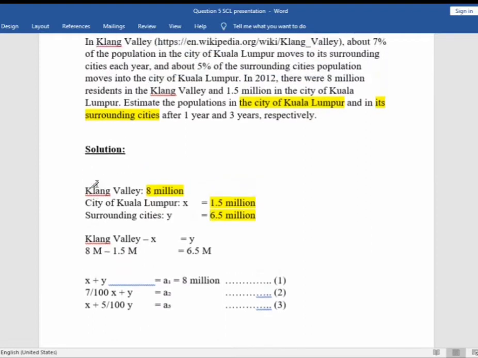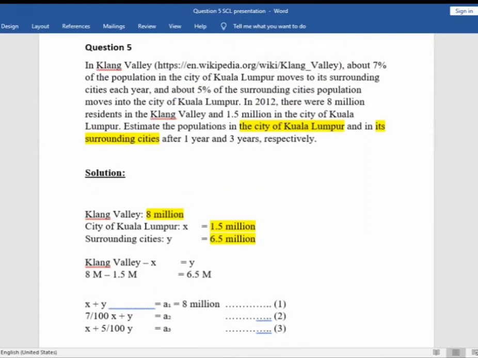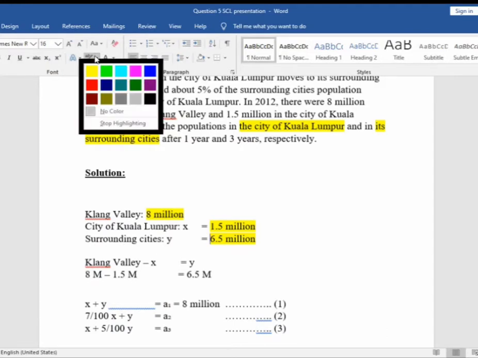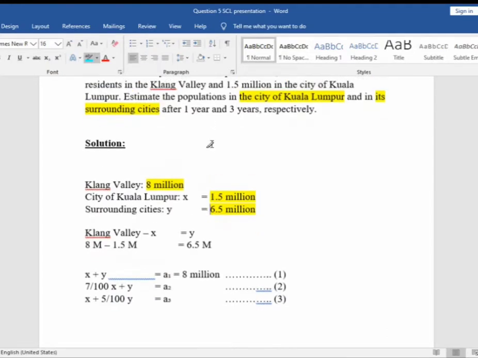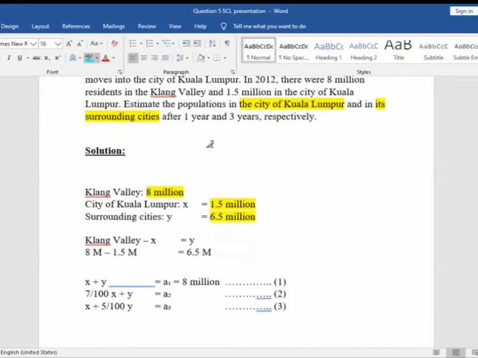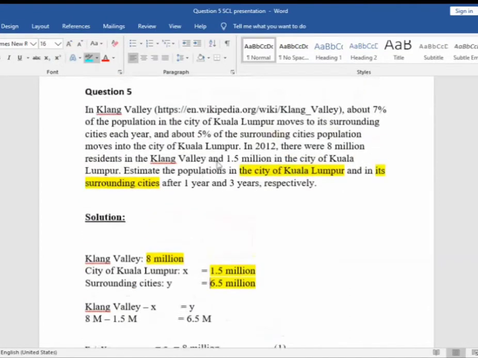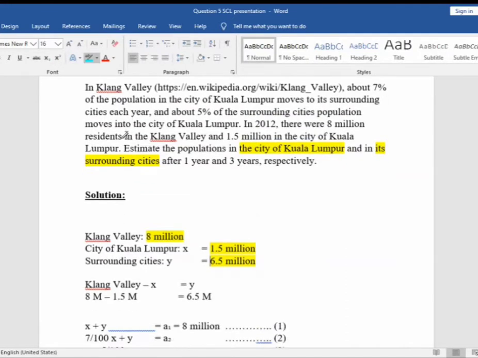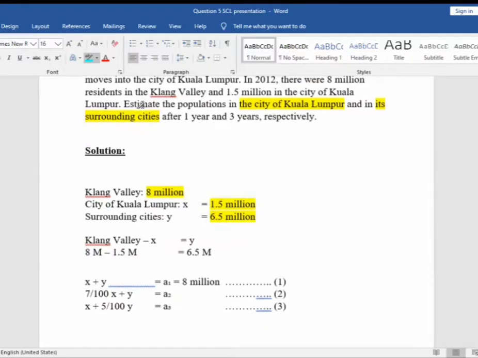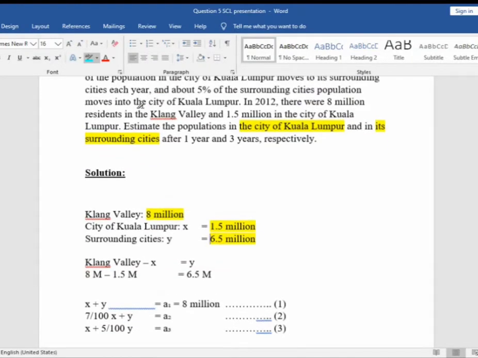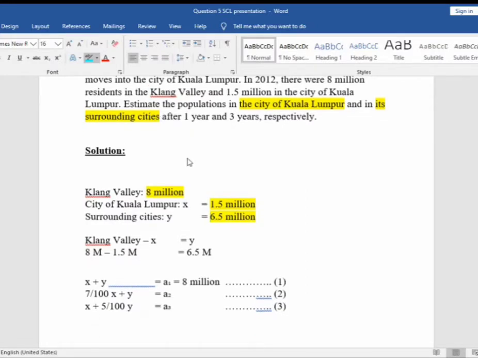Okay, next, the other information we can get is that 7% of the population in the city of Kuala Lumpur moves to surrounding cities each year. Year by year, the population will move 7% of the number of residents that there are each year.